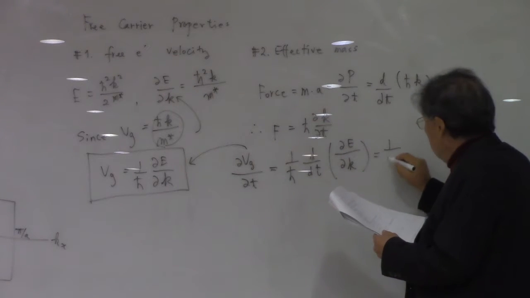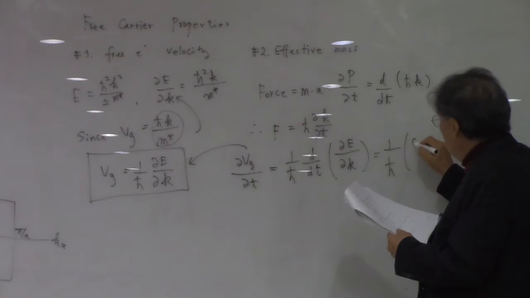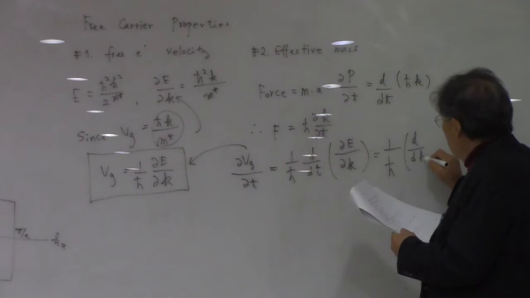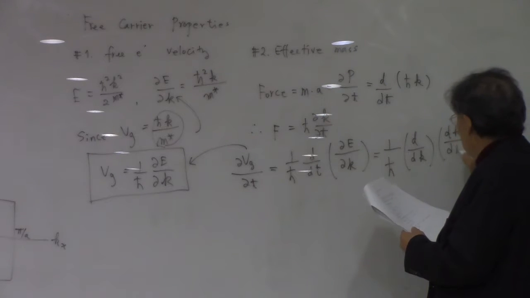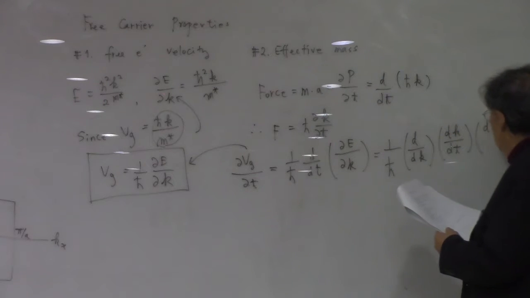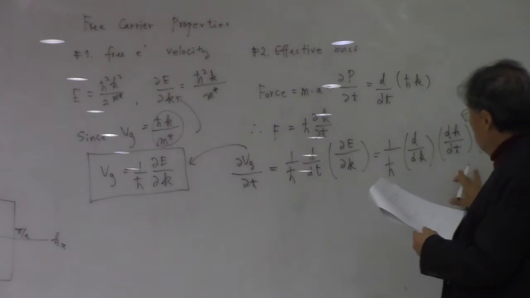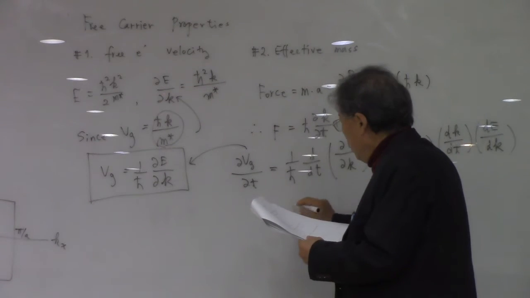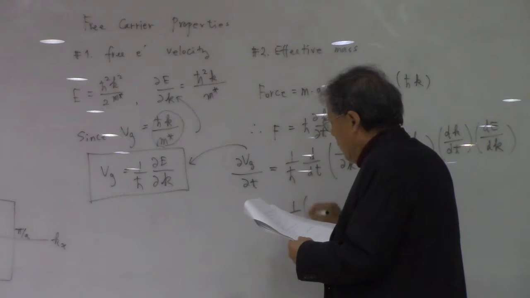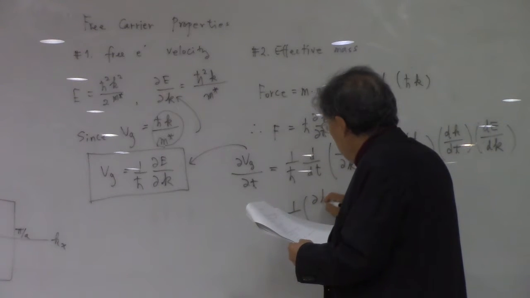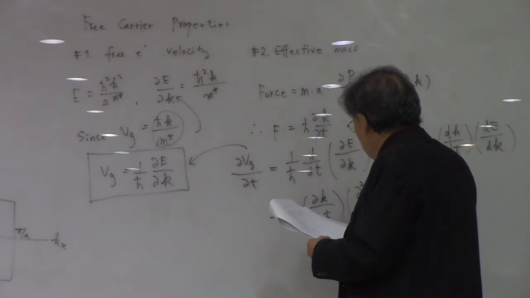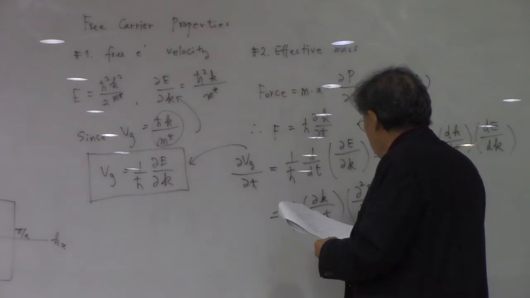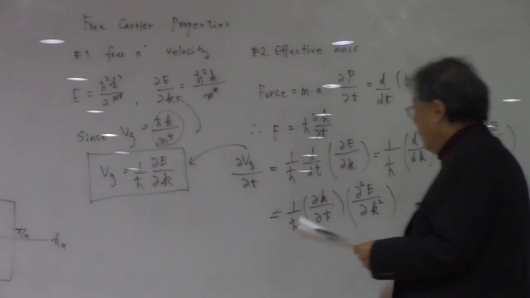And then by the chain rule, we can set this something like this. And then that is going to be dK over dT, d square E over dK square. Right?